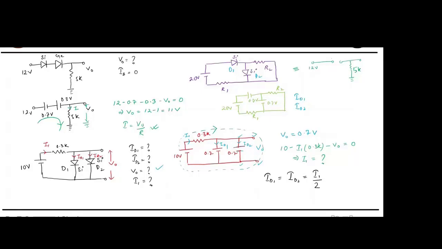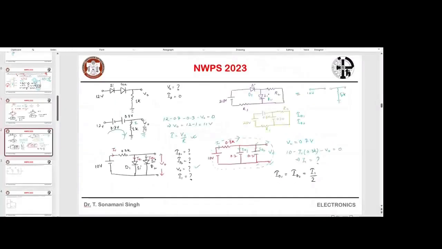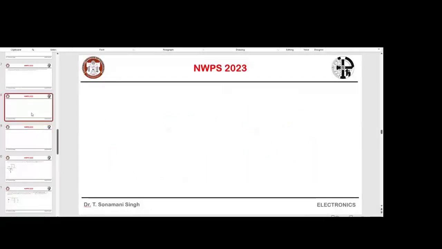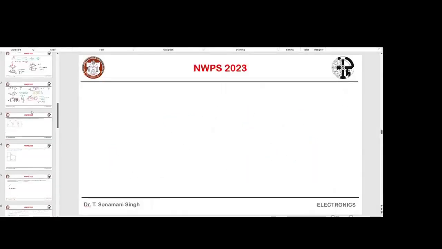Okay, now one more concept I want to discuss about Zener diode, then we will move on to the previous year question papers.